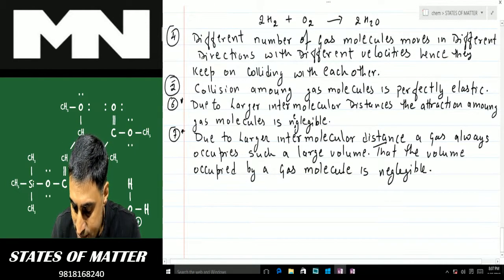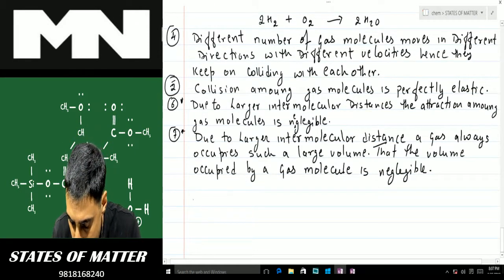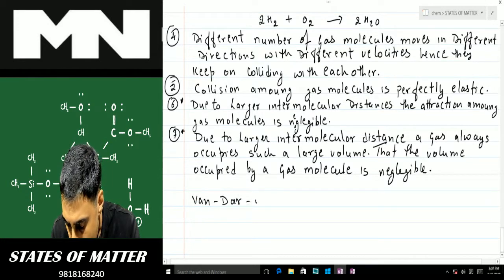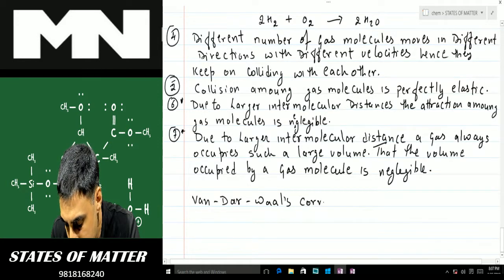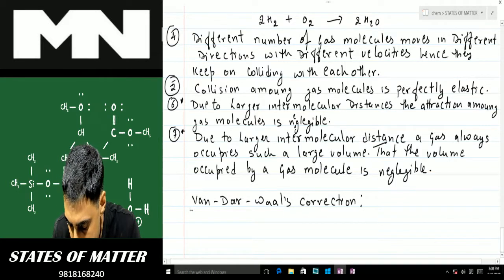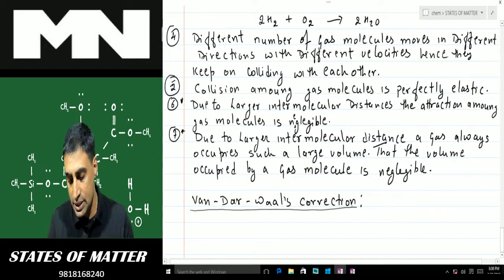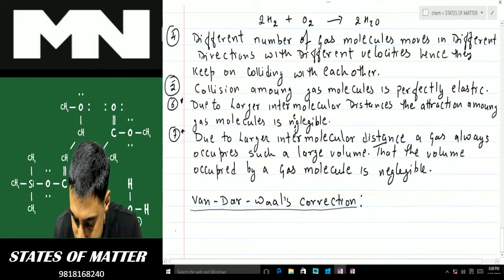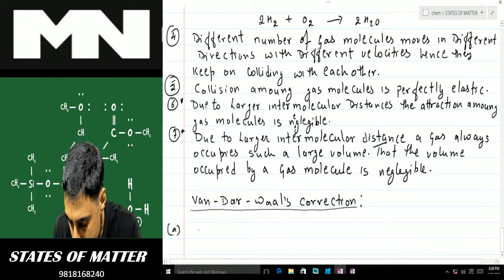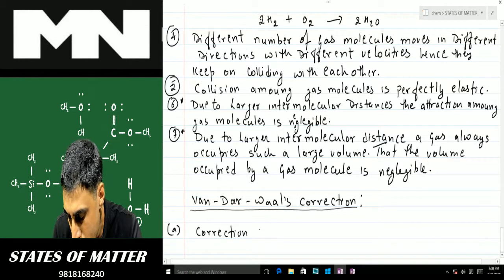So we'll see Van der Waals correction. First we'll see correction of volume.